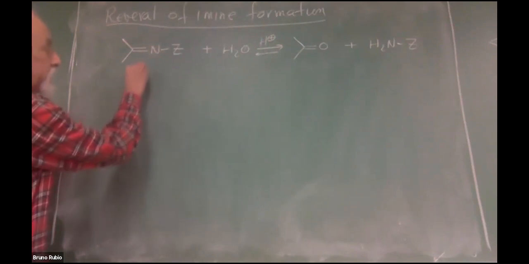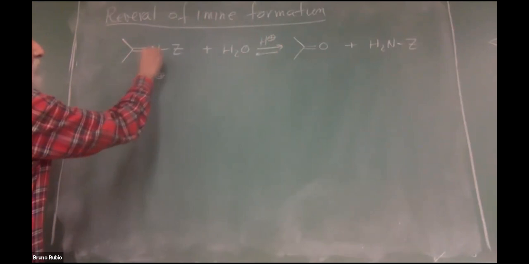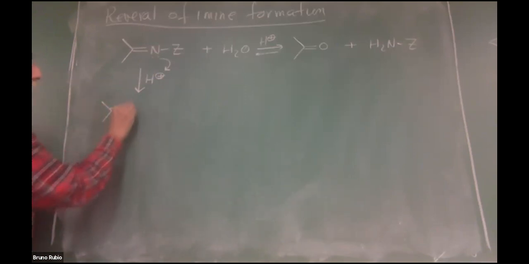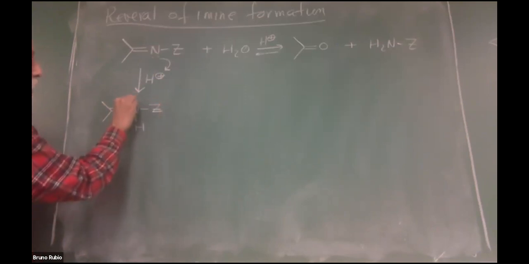So our first step is going to be protonation of the imine nitrogen. Right, if this were a carbonyl oxygen, this is the first thing that we would do. So this is an analogous process. Protonation of the imine nitrogen.